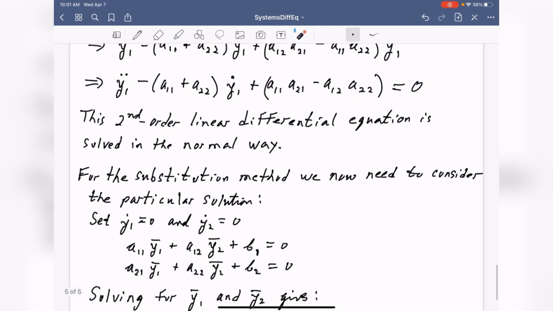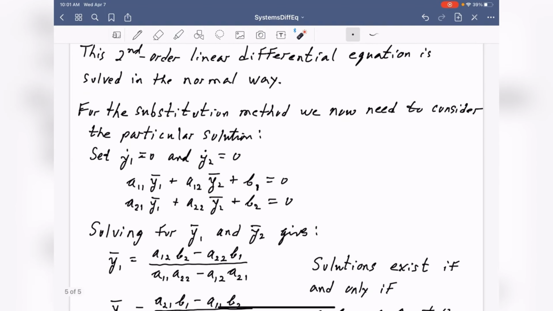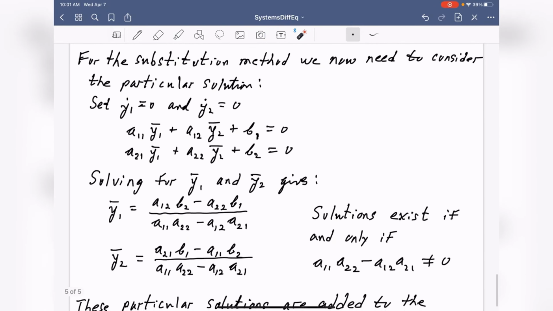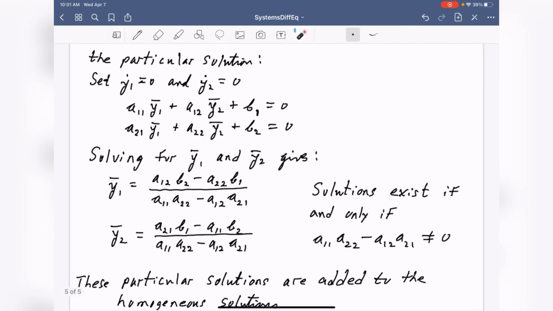For the substitution method, we also have to consider the particular solution. So we set y1 dot and y2 dot equal to 0, and we substitute in y1 bar and y2 bar respectively for y1 and y2, and solve the resulting two equations, these two here.